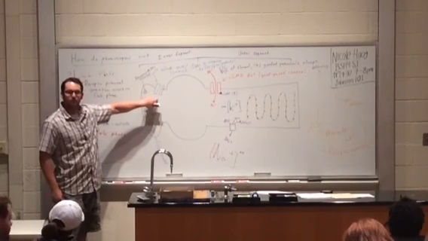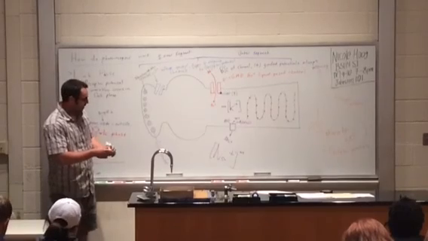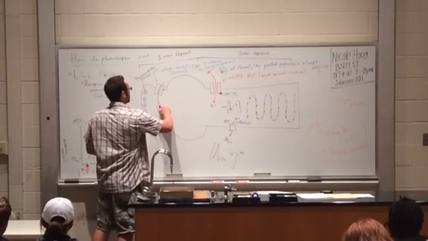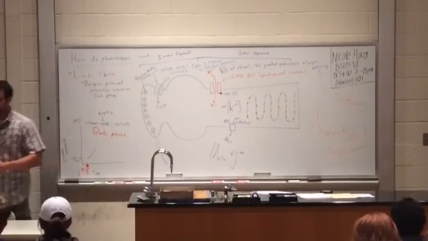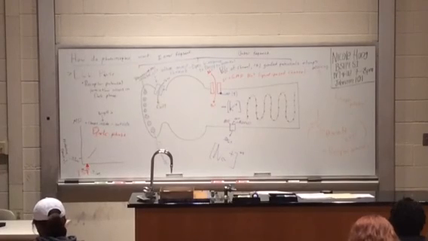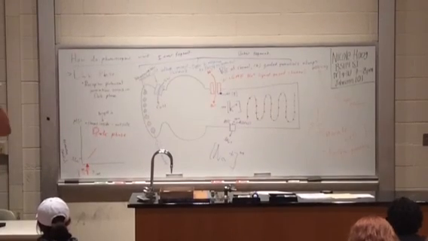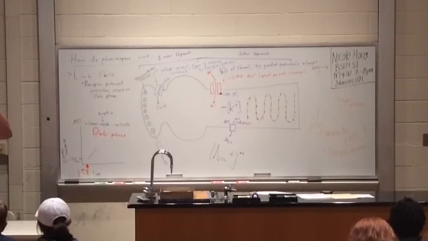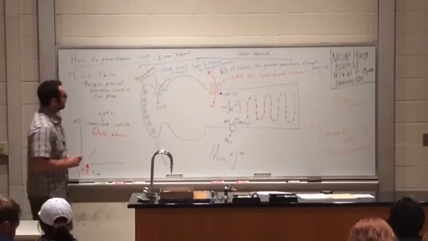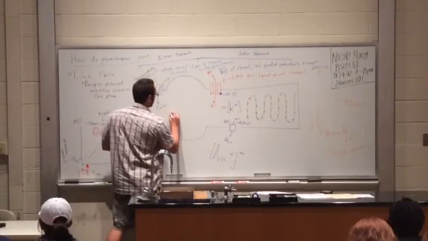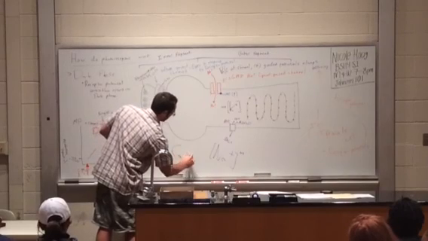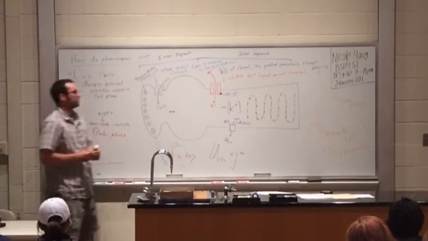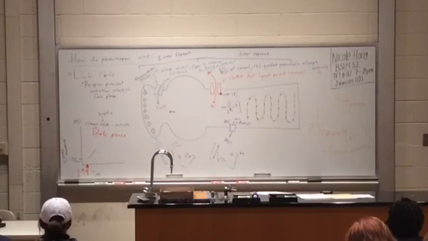What happens with calcium when this channel opens? Hopefully you remember. Calcium is almost always in very low concentrations inside of the cell because of things like calcium ATPase pumps that pump calcium out, or sodium-calcium exchangers that allow calcium to go out and sodium to come in via secondary active transport. But in general, calcium is always in very low concentrations inside of cells and very high concentrations outside of cells. So when a calcium channel opens, it causes calcium to come into the cell.